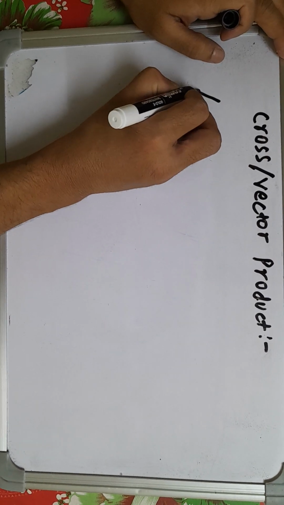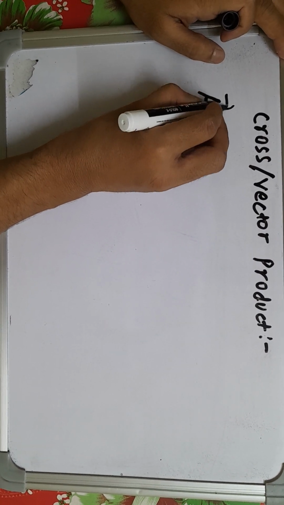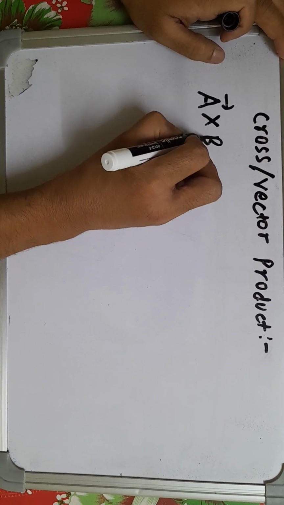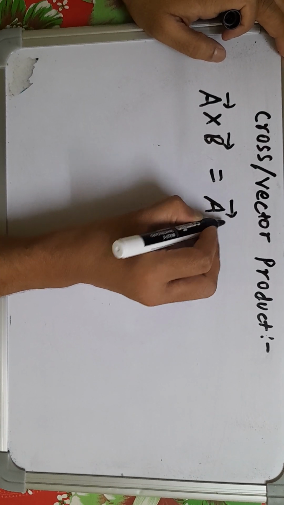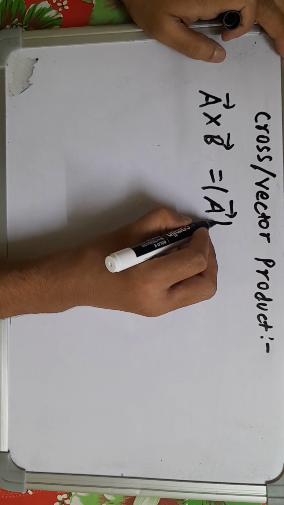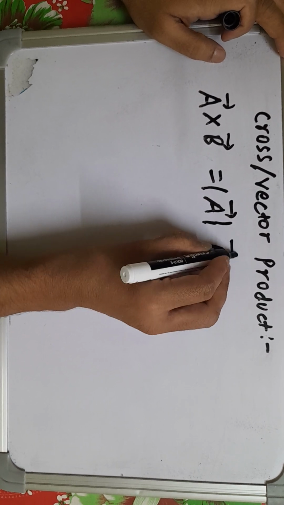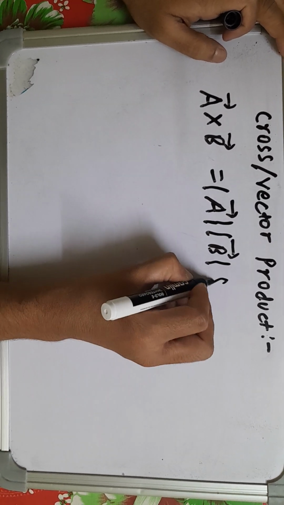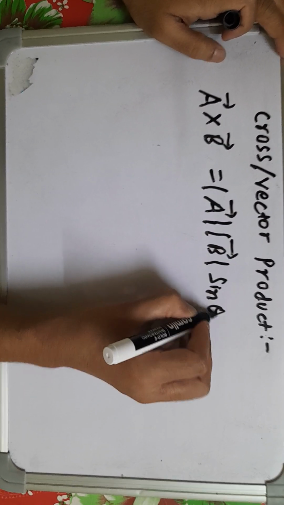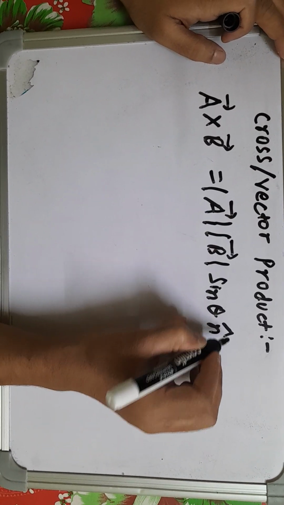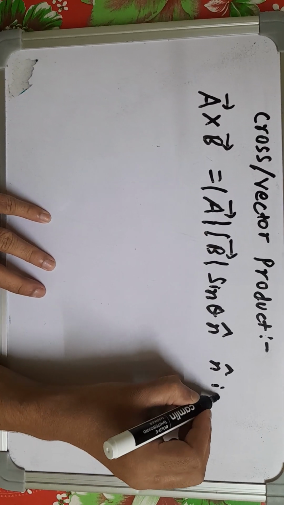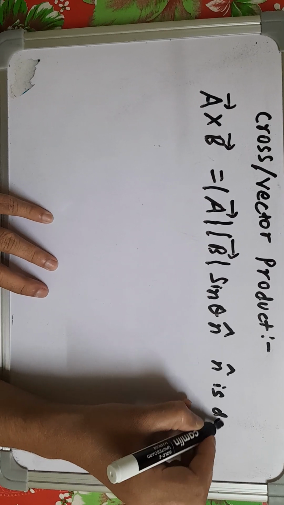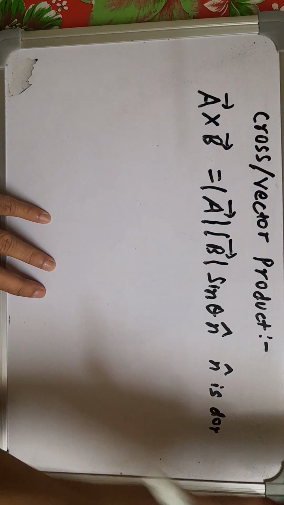So let us take two vectors, a vector cross b vector. It will be a vector का mod, b vector का mod, sin theta n cap.